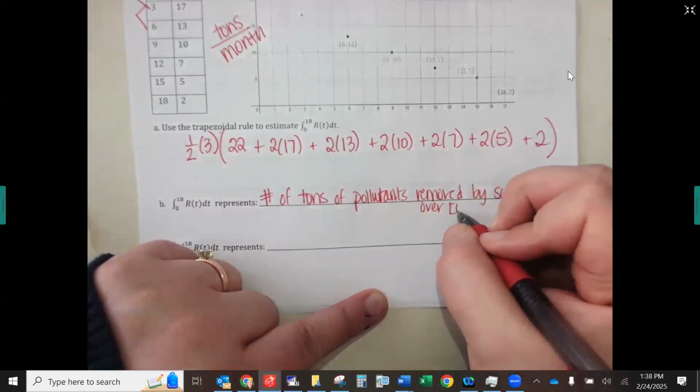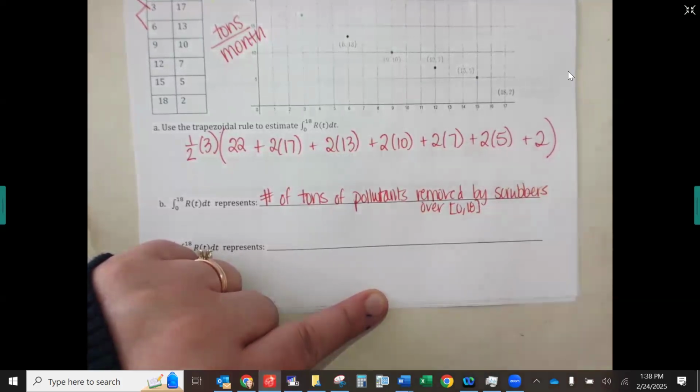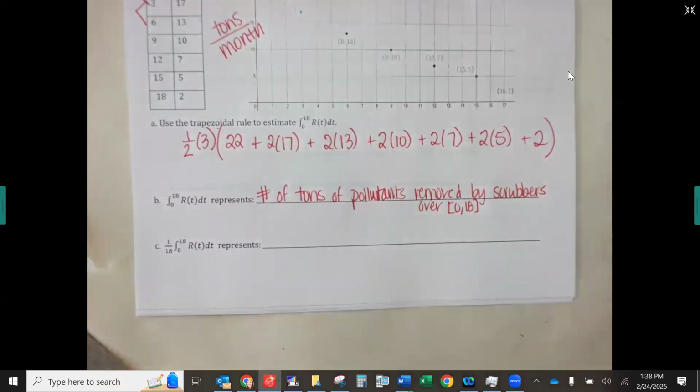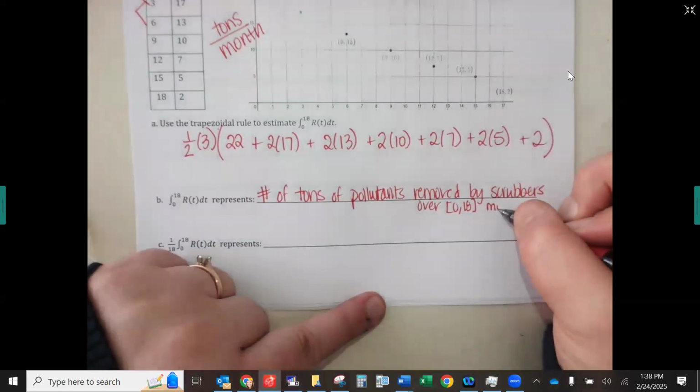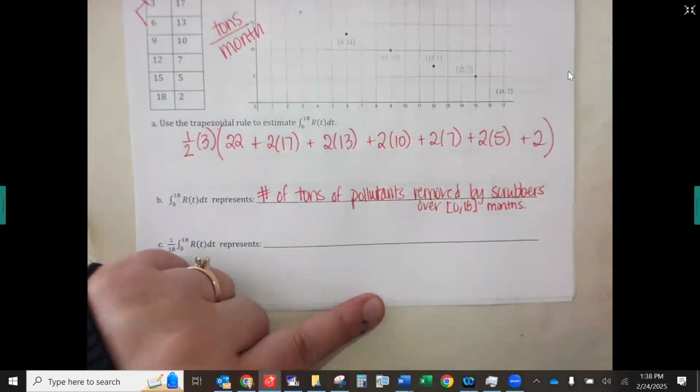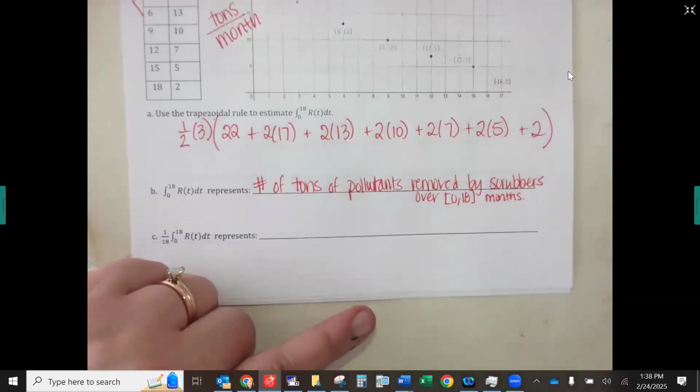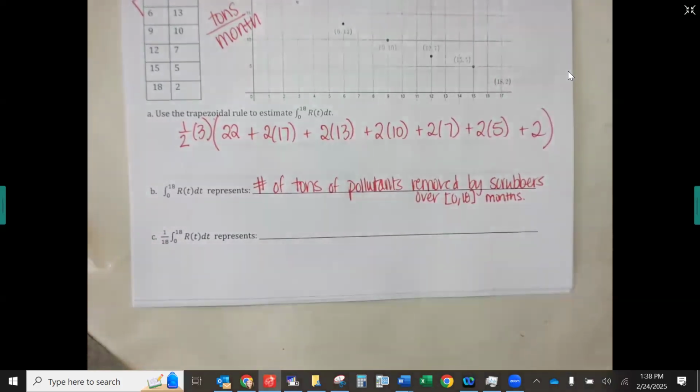In this case, it's 0 to 18. And since this was tons per month, my time is measured in months. So if I integrate tons per month, it goes back to a number of tons. What if I divide the total number of tons by 18 months? Then it's back to tons per month.